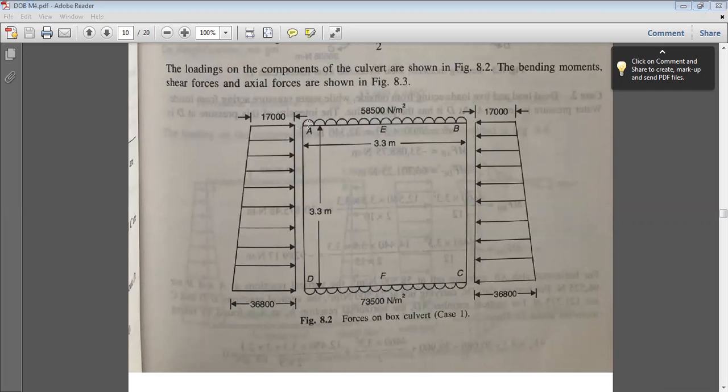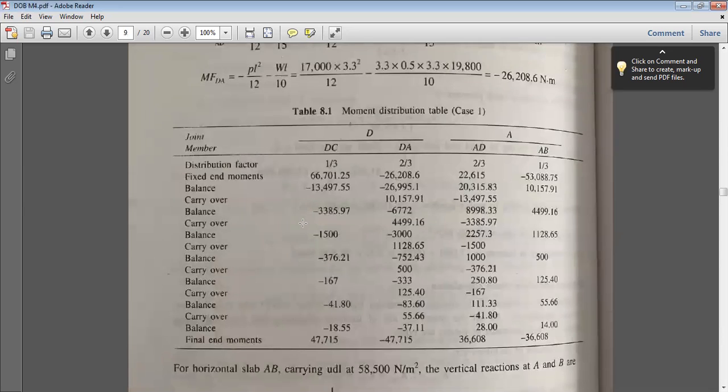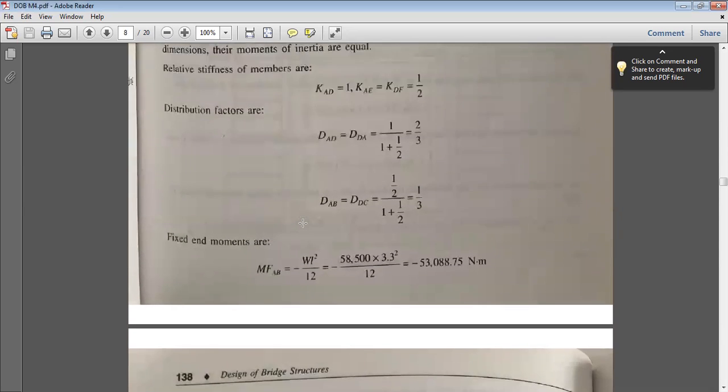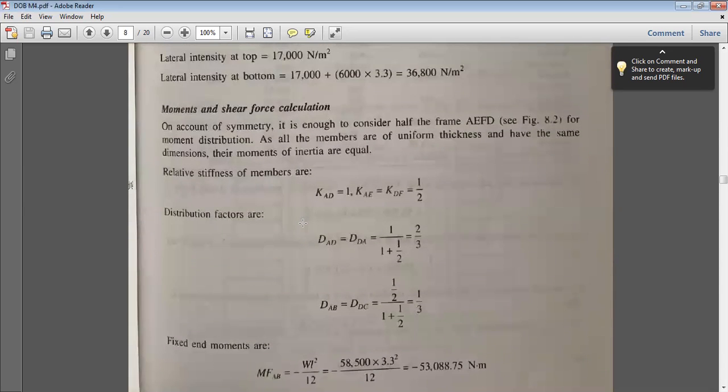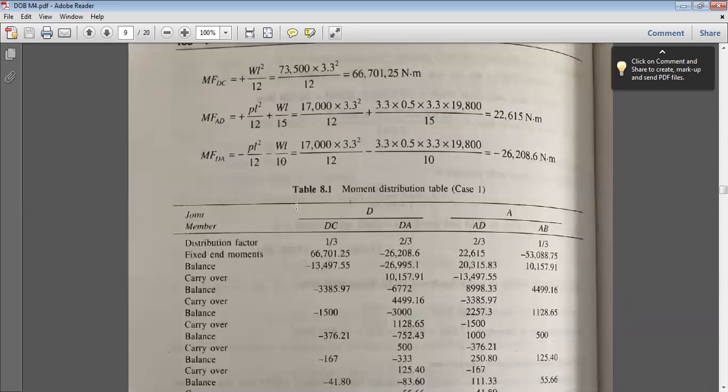So these two junctions I will consider as a continuous beam and apply the moment distribution method. To apply the moment distribution method, I need to calculate the distribution factors and the fixed end moments. Right now, the relative stiffness for the members: you must have studied the moment distribution method.